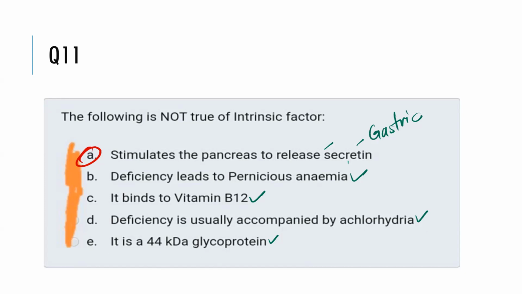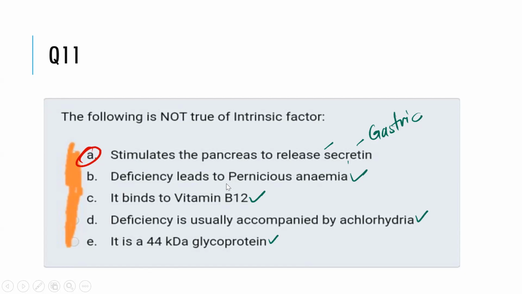So yes, they usually accompany each other. Then it binds to vitamin B12. That's true. That's how vitamin B12 is absorbed, by binding to intrinsic factor in the terminal ileum.